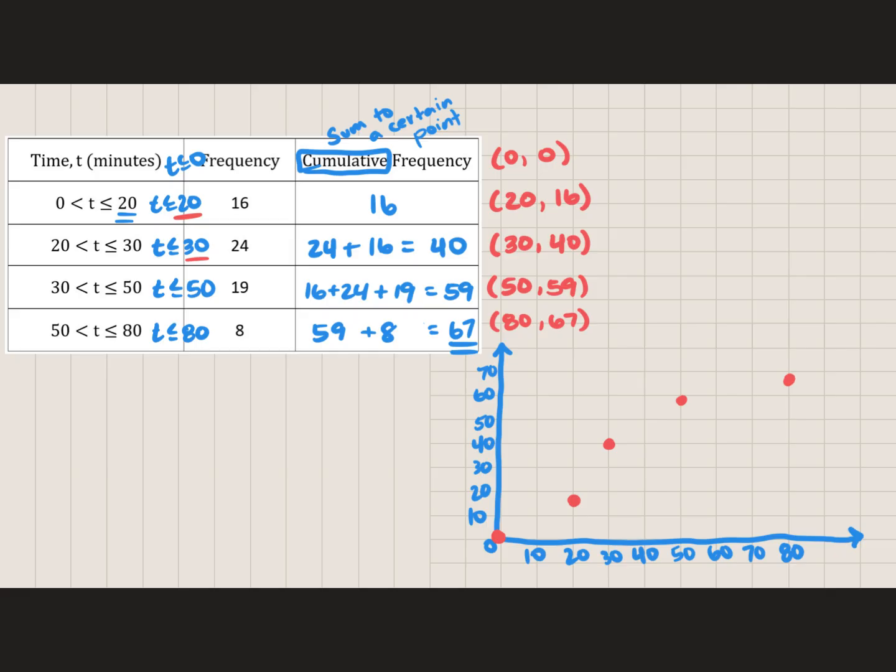And we then connect our dots and we get this really nice elongated S shape. And that will frequently be what a lot of your cumulative frequency graphs look like. And what we can then do with that is we can look at those quartiles, which we'll show on the next page. What I do want to make sure you always do is you do title and label your axes as well as title your graph.